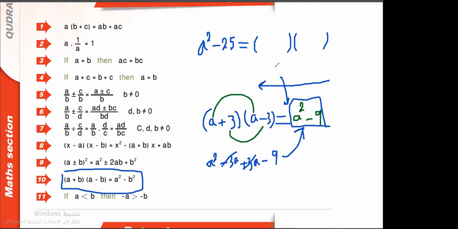Yes, perfect. You are correct. Okay, you put here a square, so a in the first bracket and a in the second bracket. And for the signs, you put plus in one and minus in the other. For 25, you write 5 here and also 5 here.